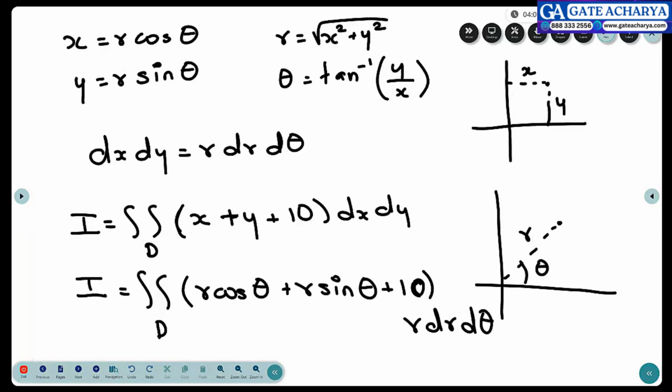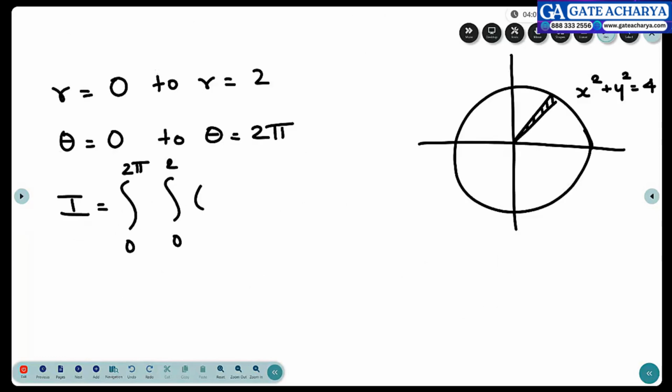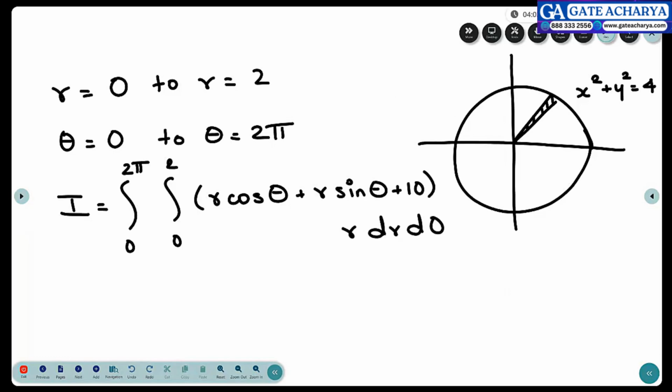r cos theta plus r sin theta plus 10, into the outside factor r dr d theta. Please first of all multiply this r inside.